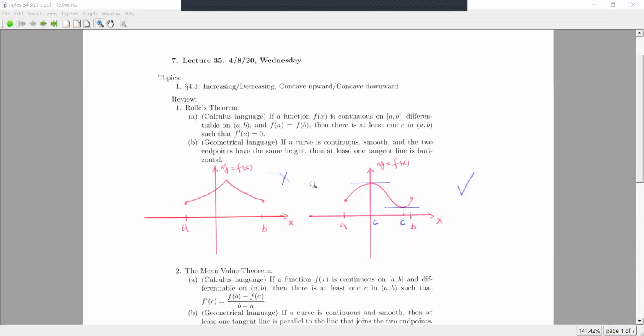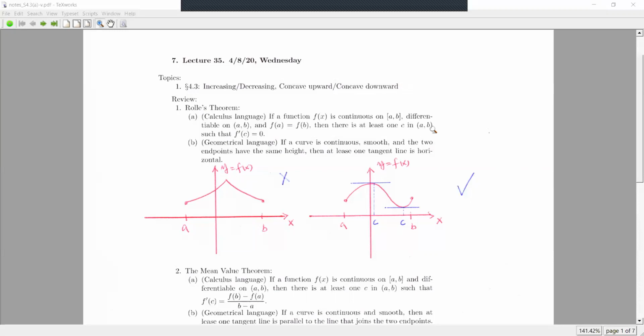We have two graphs here, but the left one doesn't satisfy the conditions of Rolle's theorem, because this curve has a corner. At the corner, the function is not differentiable.